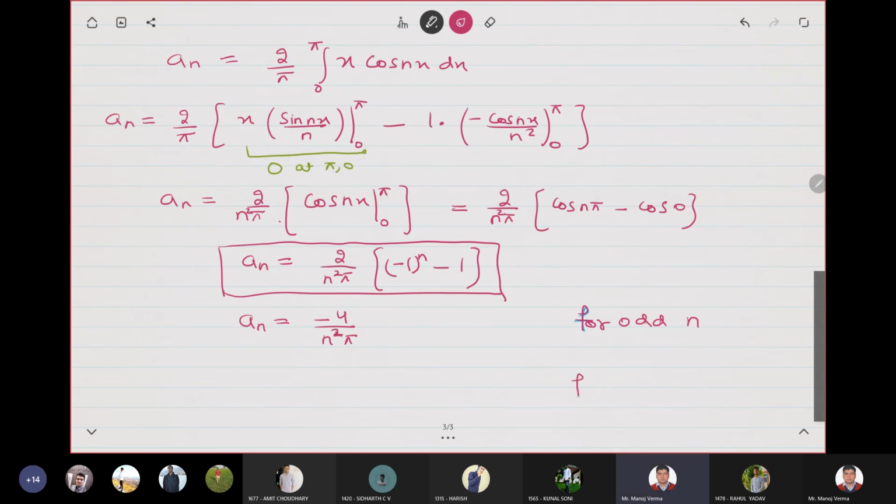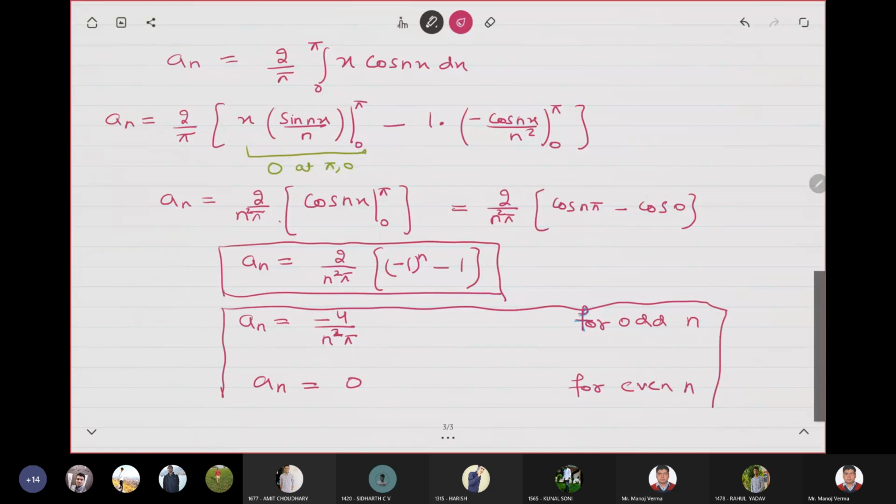And for even n, you can see this -1 raised to the power even will be +1, +1 -1 will be 0. So an will be 0 for even n. Okay, so we have now value of a naught as well as an.